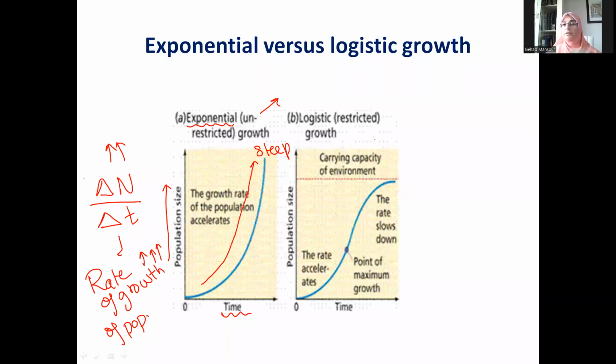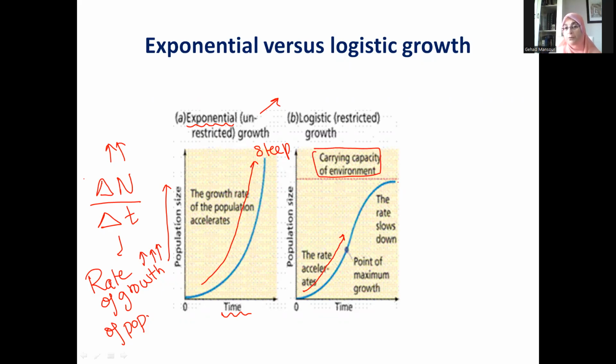But as we said, this phase of exponential growth or unrestricted growth cannot last for long, because it will be self-limited afterward. And then we have the logistic or the restricted growth. After that period of steep growth of the population, where the rate accelerates, we reach a time when it's almost impossible for this very high rate to continue, especially when we reach the carrying capacity of the environment, the maximum number of individuals that the environment can hold.